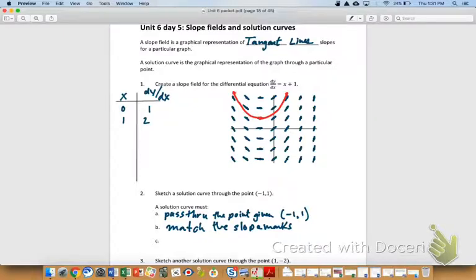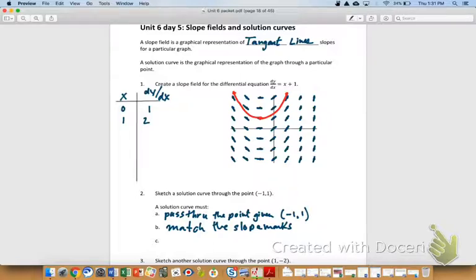Can you see how, as I move through the slope field, that red curve really matches? It's always going to be somewhat of an approximate art here because we're doing our best by hand with pencil and paper, but it does seem to match the slope field marks. So requirement number 3 is not really going to be a big factor in this particular example, but it'll be a big factor in the other ones.